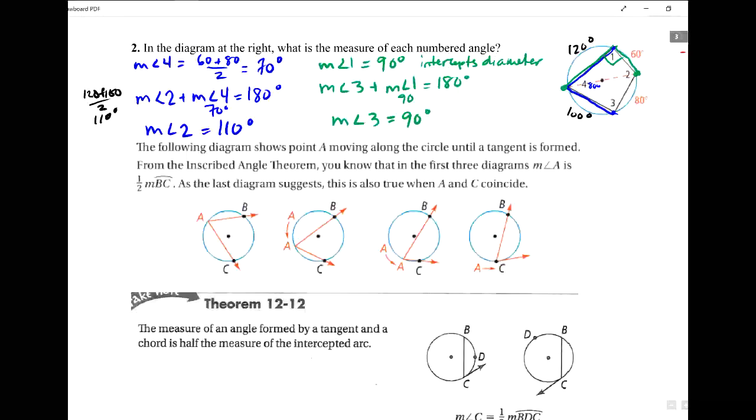It measures 90 degrees. I could also add them up and get 180 and divide by 2, and it would still be 90. I know that angle 1 and angle 3 are opposite angles and are supplementary, so it measures 90 degrees. All right, so you can have multiple ways of figuring that out, but if you remember your corollaries, there are shortcuts.